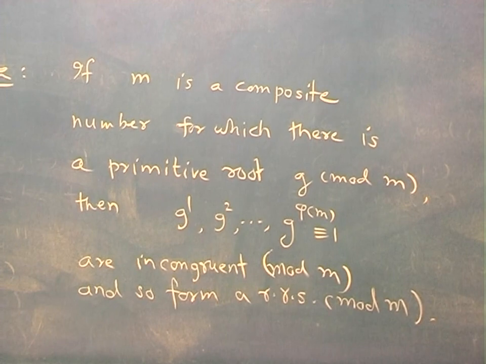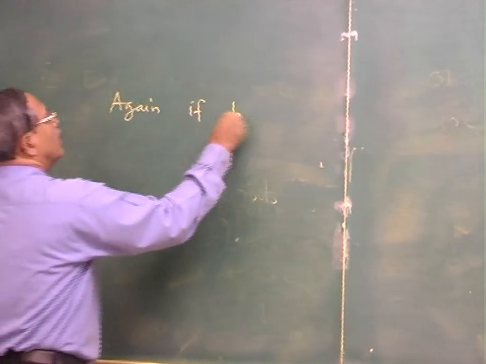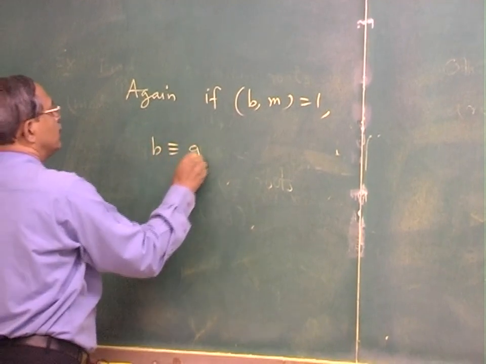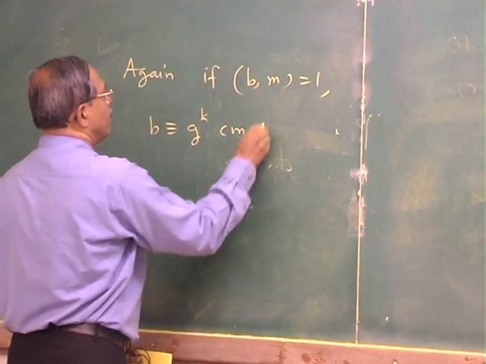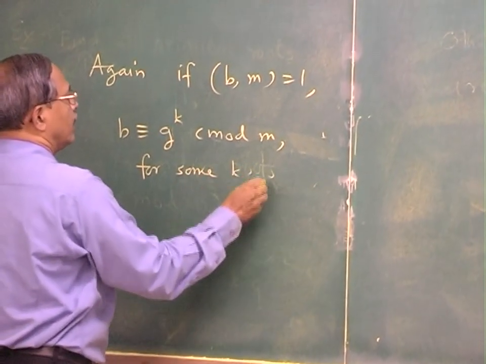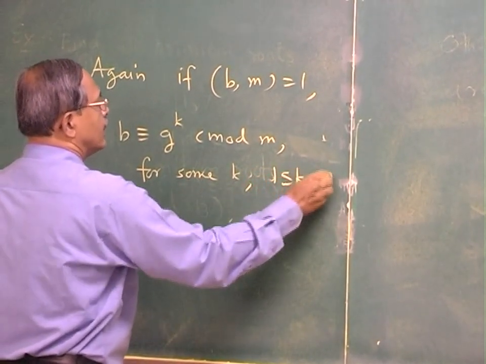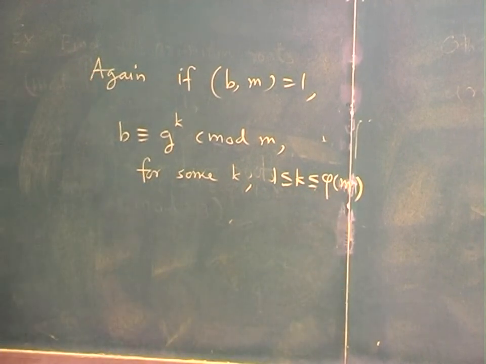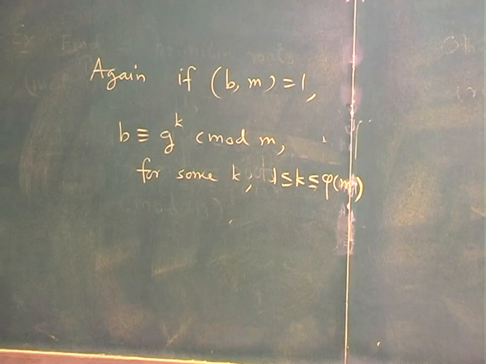Again, if gcd(b, m) equal to 1, b is congruent to G raised to k mod m for some k, 1 less than equal to k less than equal to phi m. Any element co-prime to m is of the form G raised to k, because these are phi m elements which are incongruent.